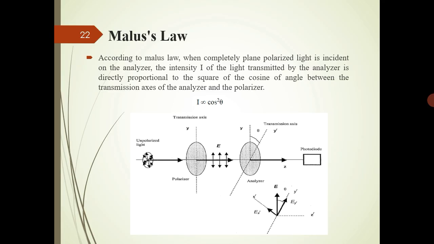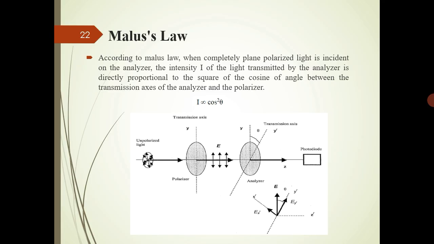So I am writing the equation based upon this law: the intensity of the light is directly proportional to the square of the cosine of theta. Here this angle is taken between the transmission axis of the polarizer and the analyzer.